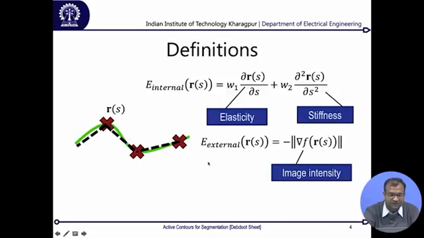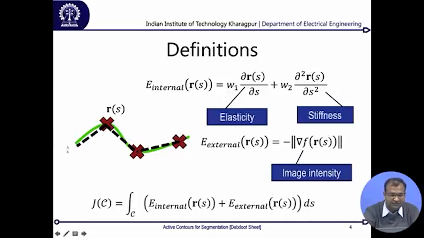Now, the objective here is that, say you have a curve denoted as C, and we define some sort of cost function in terms of this curve. This cost function of the curve is the integral of the internal energy and the external energy over the whole length of the curve.